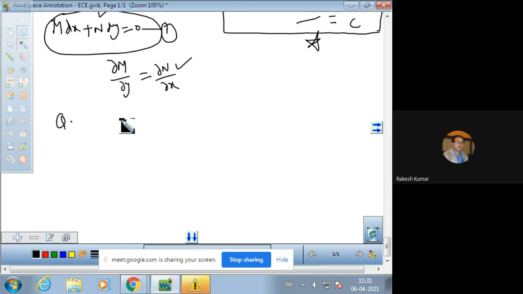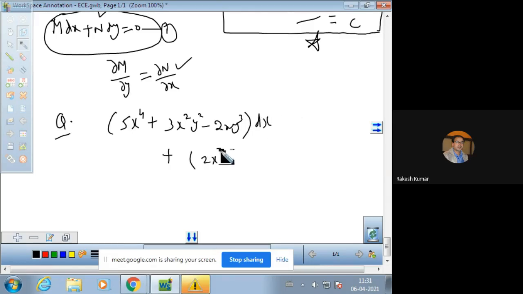The question is: solve (5x^4 plus 3x^2y^2 minus 2xy^3) dx plus (2x^3y minus 3x^2y^2 minus 5y^4) dy is equal to 0.